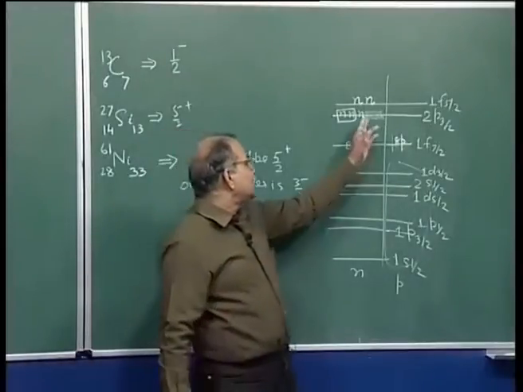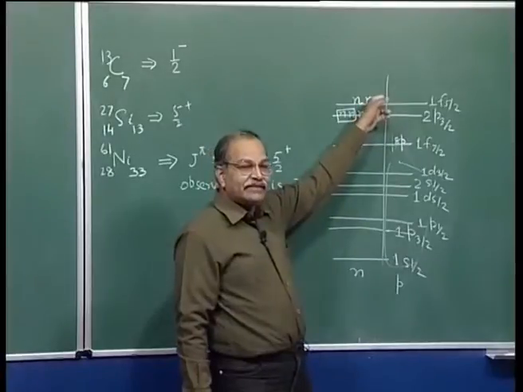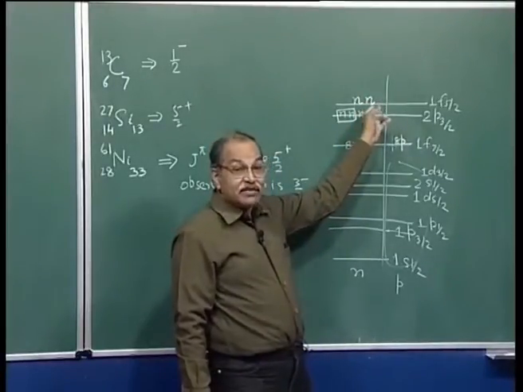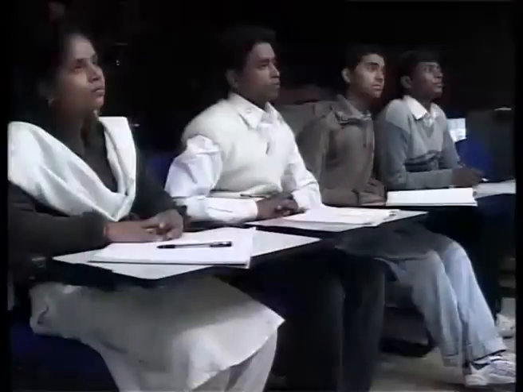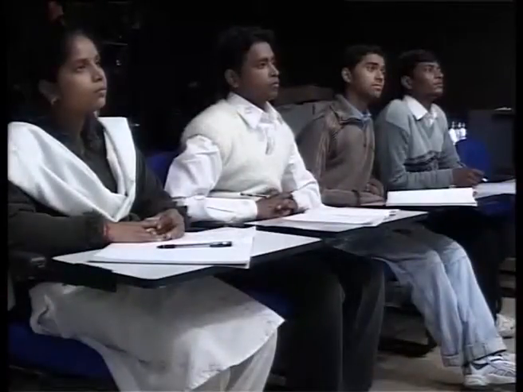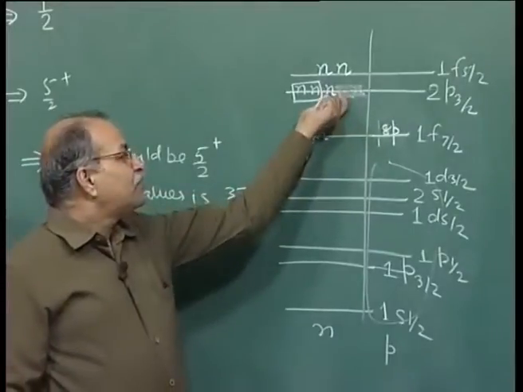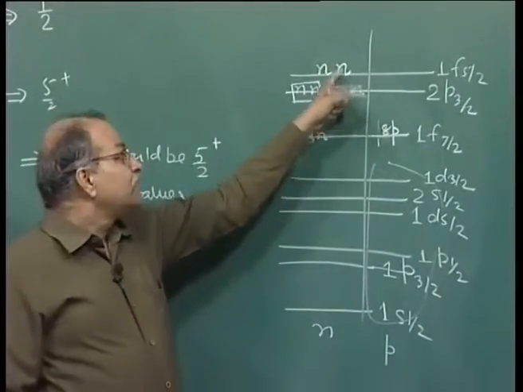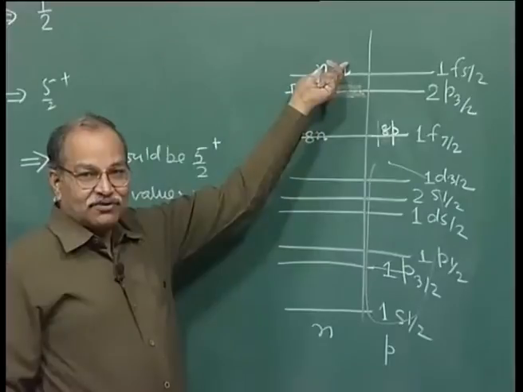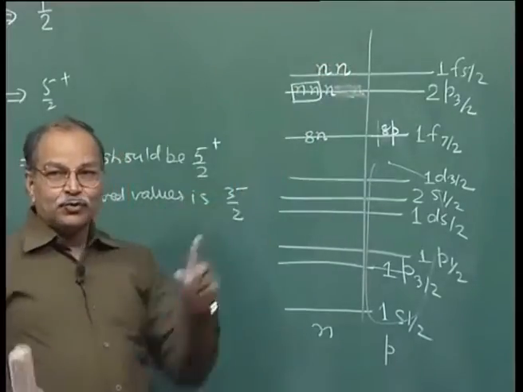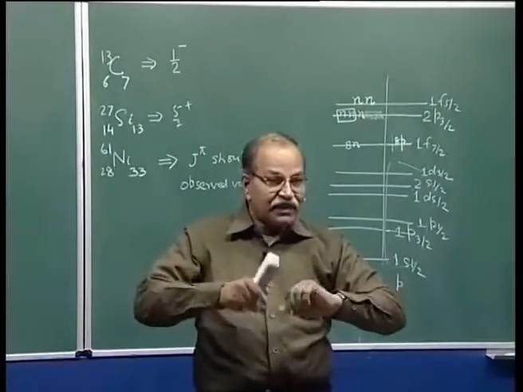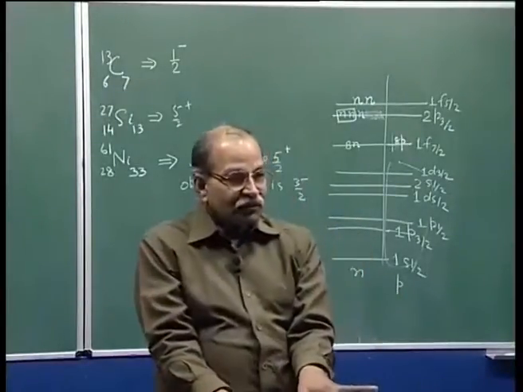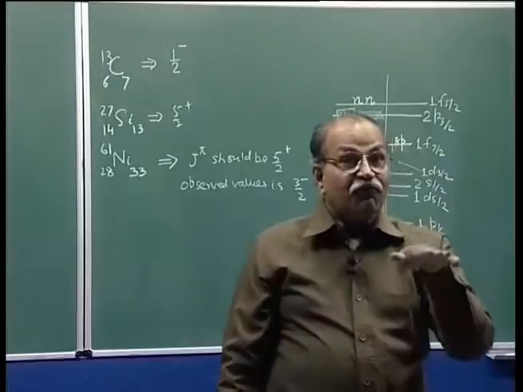But why should it go to a higher energy when the lower energy is available? And the answer is that if it is here, it will pair with this neutron. Now, when 2 neutrons or 2 protons pair up, energy of the nucleus goes down, but by how much?